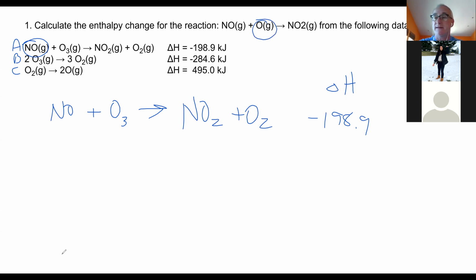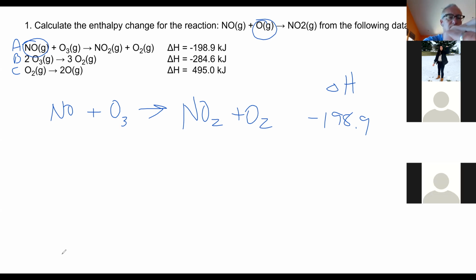Okay, now I need to find oxygen, but that's oxygen atoms, so that would actually be an oxygen radical. Where am I going to find oxygen radicals? Which side? Product side.